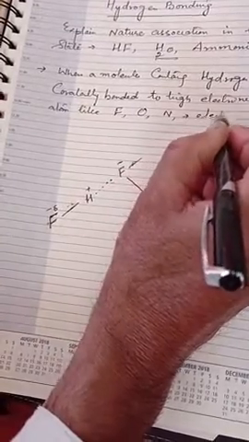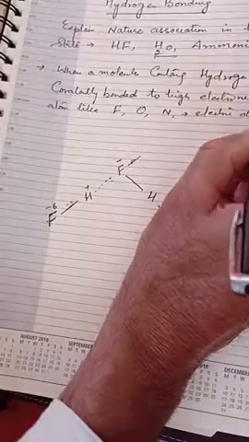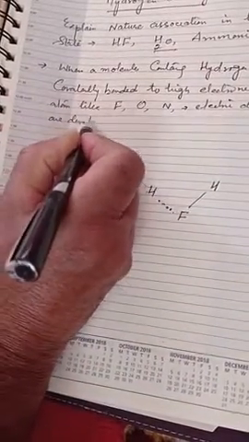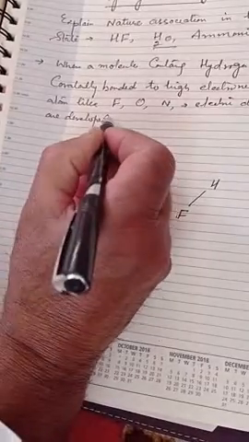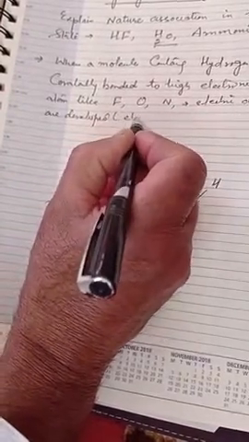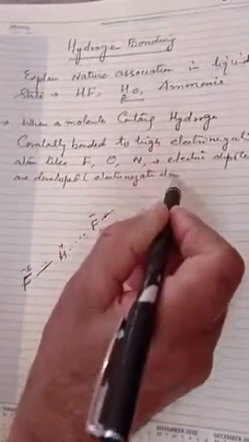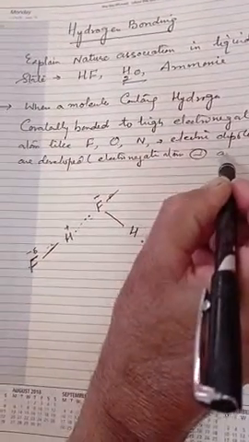Electric dipoles are developed. Why? Because the electronegative atom attains negative charge and hydrogen becomes positive.